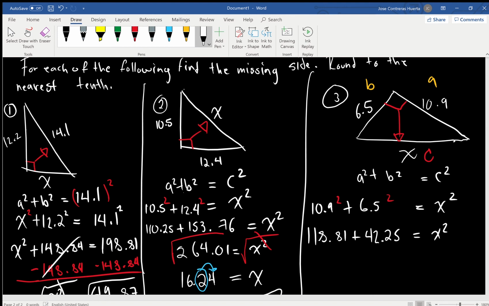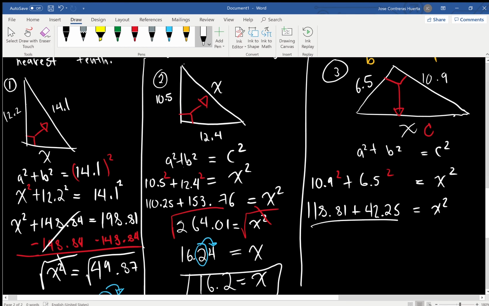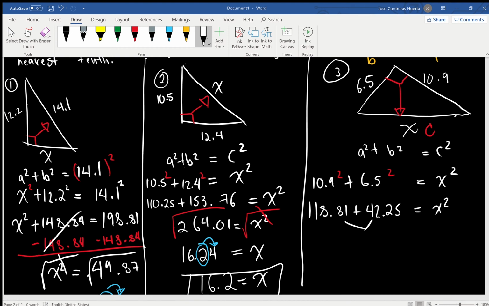Now, do I have to subtract anything from both sides? No, because the numbers are already on the left. They are already together. So all you have to do is combine like terms. So you add both of these numbers basically. So you add your 42.25 plus your 118.81, and that gives you 161.06. 161.06 is equal to my x squared.